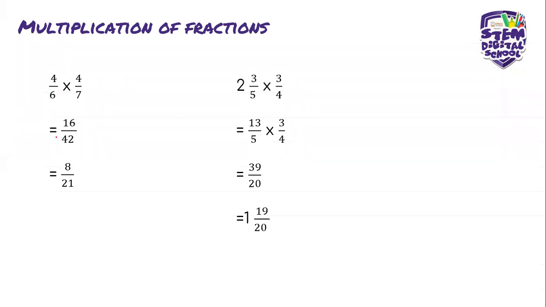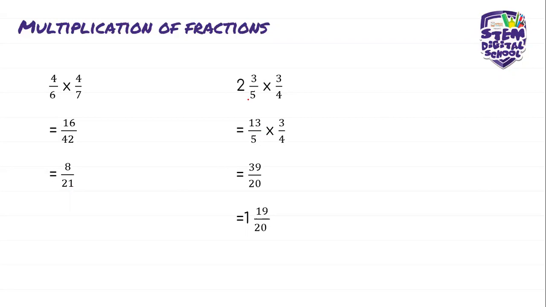Then you ask yourself, what number can divide both 16 and 42? They're both even numbers, so I use 2. 16 divided by 2 is 8. 42 divided by 2 is 21. Then that's my answer, fully simplified.